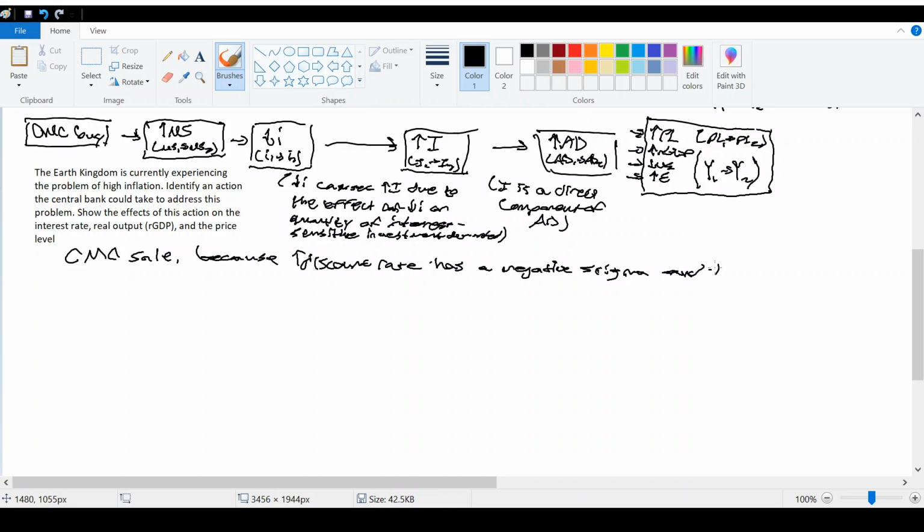And up required reserves is unpredictable. All right. So now we'll go ahead and draw our graphs again.